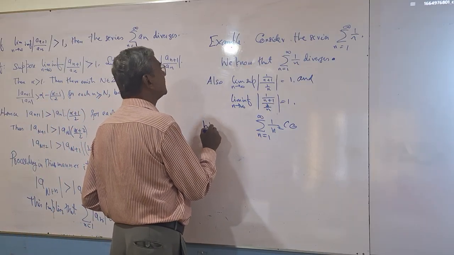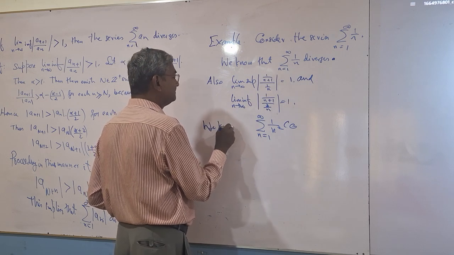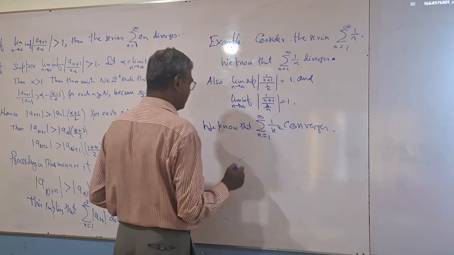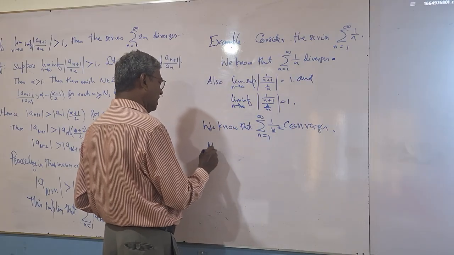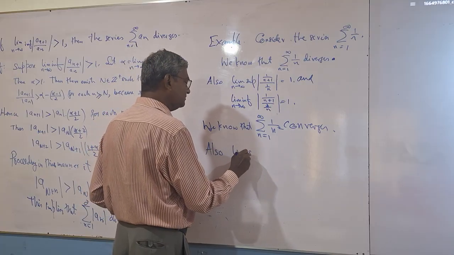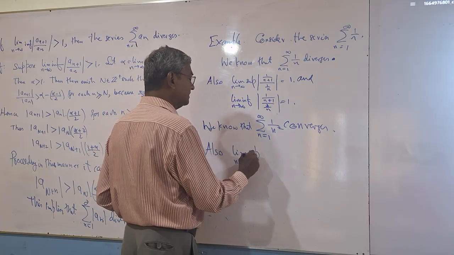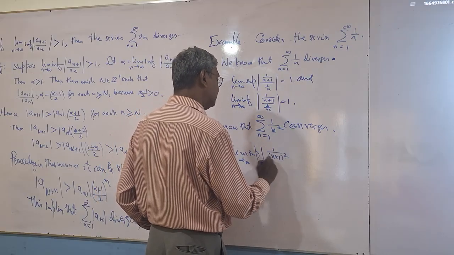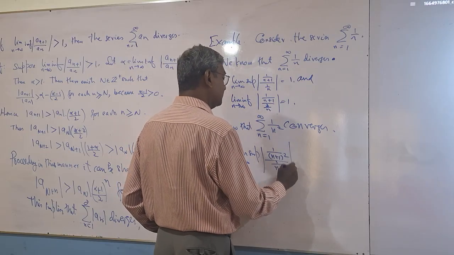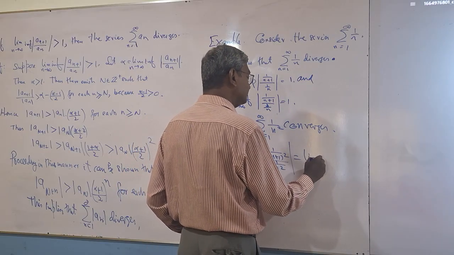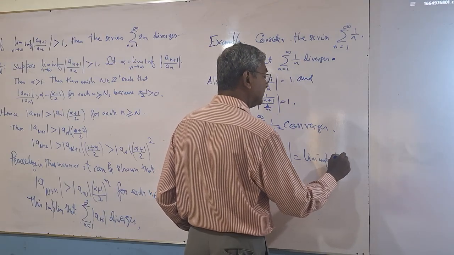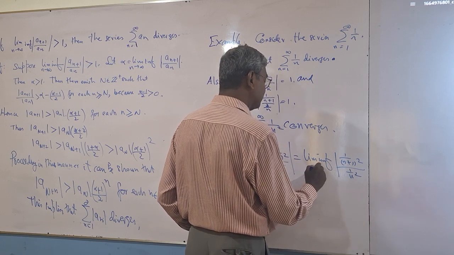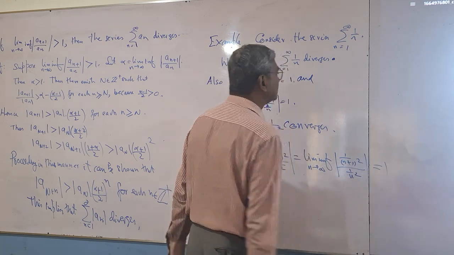We know that sigma converges. Also, lim sup as n tends to infinity of 1 over (n plus 1) squared divided by 1 over n squared, and lim inf of 1 over (n plus 1) squared divided by 1 over n squared as n tends to infinity, both are equal to 1.